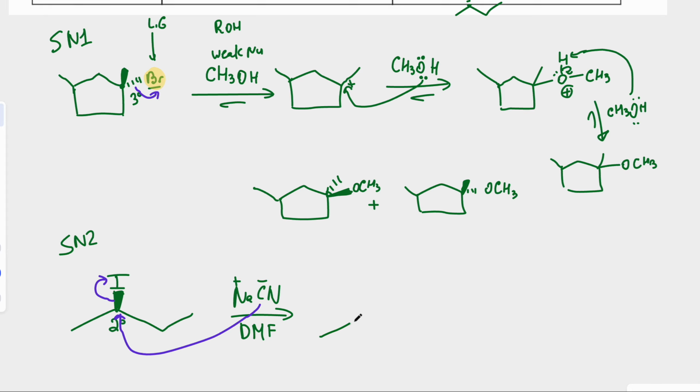To predict the product, I simply replace my leaving group with my nucleophile. And remember, we have inversion of stereochemistry. Stereochemistry changes, so I'm going to give it a dash. Oops, this is not O. This is a CN. And this is the product of my SN2 reaction.